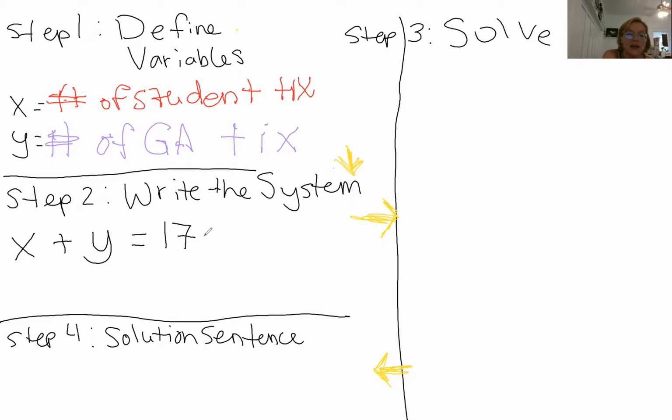So we would say that the total money from the student tickets is 2x, $2 times the number of student tickets. And that total cost of GA tickets, we're going to write the same way. So that's our $3 cost times the Y number of GA tickets. Together equals, let's go back to the problem, you made $42.